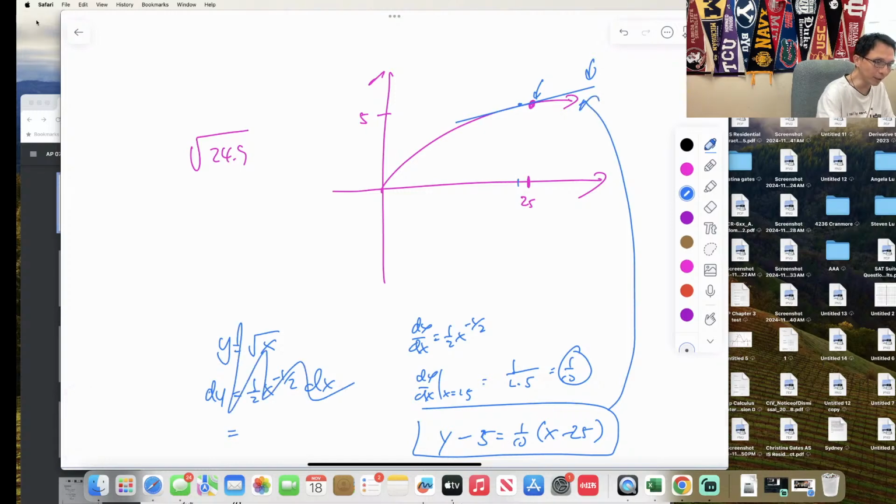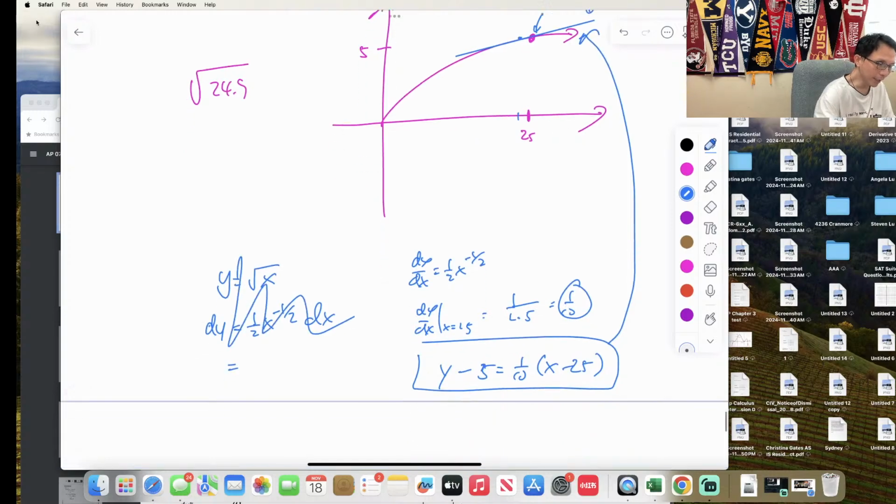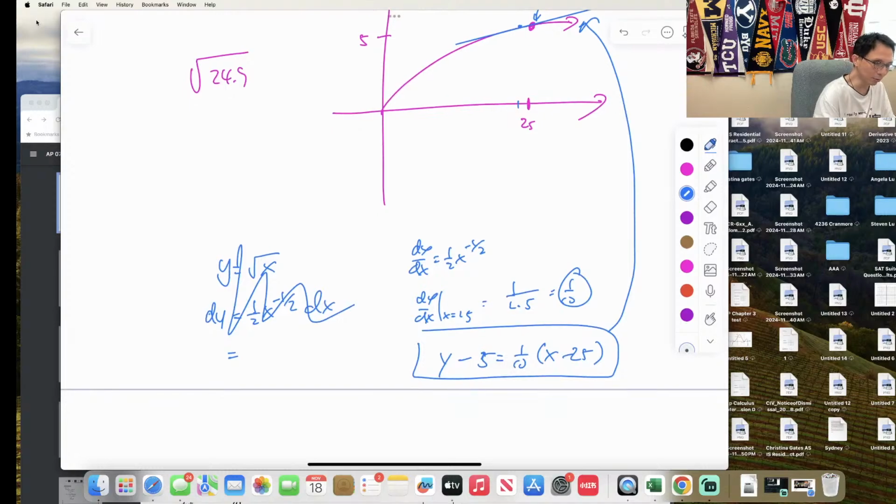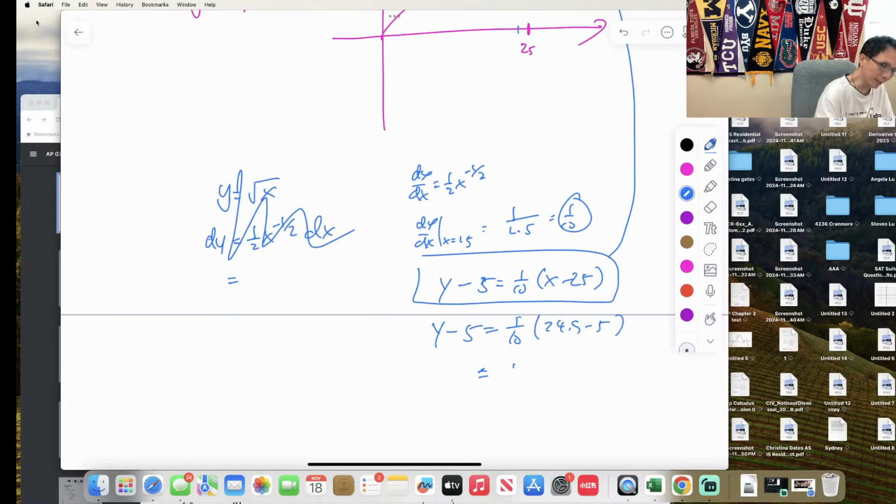Now I can plug in 24.9, because now I can use that approximation. y minus 5 equals 1/10 times 24.9 minus 25. What's that? Negative 1/10 times 1/10, right? Yep.